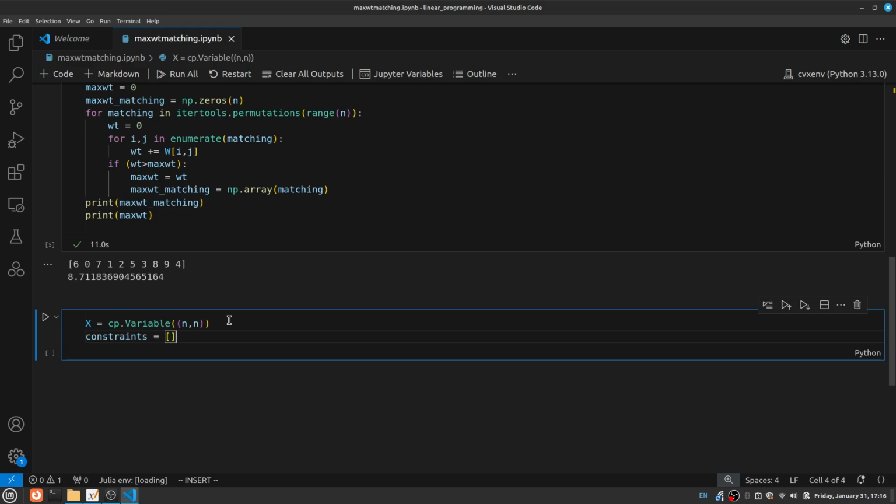The constraints are going to be in the form of an array. Each constraint is separated by a comma, right? In this case, I want the entries of x to be greater than or equal to 0, right? And if I sum the entries of a particular row, it should be equal to 1. If I sum the entries of a column, it should be equal to 1. Those are the constraints that I have.